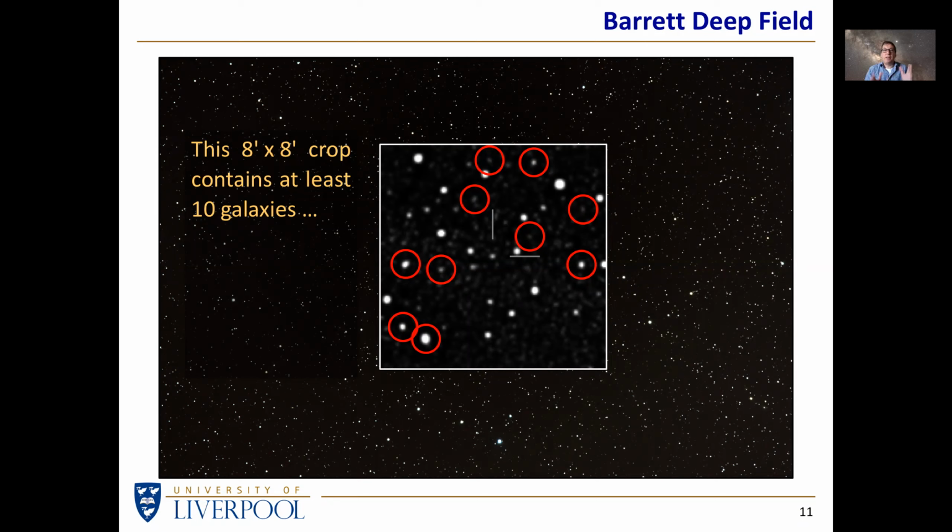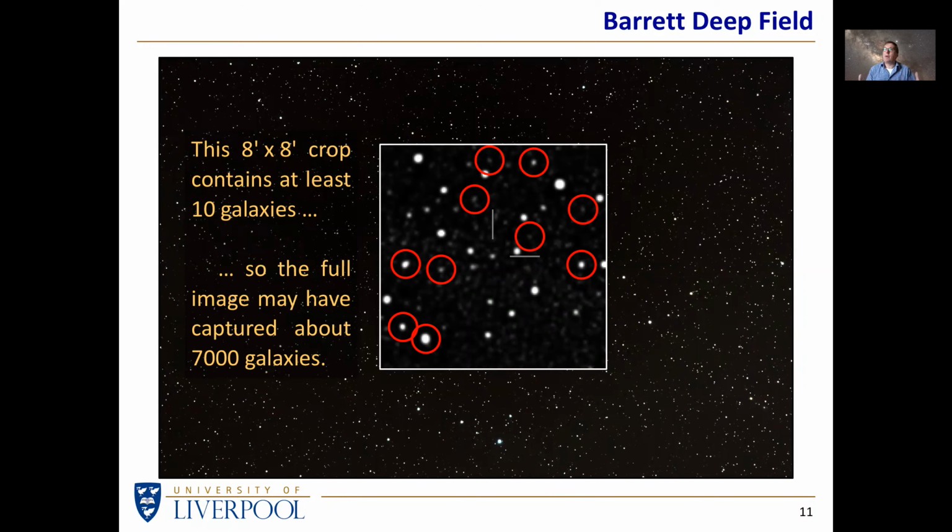So I figured that if that particular small crop of the image contains about 10 galaxies and maybe 20 stars, then if I scale that up to the full image, my full image, which I'm now labeling as the Barrett deep field, that full image must have captured something like 7,000 galaxies, that exposure.